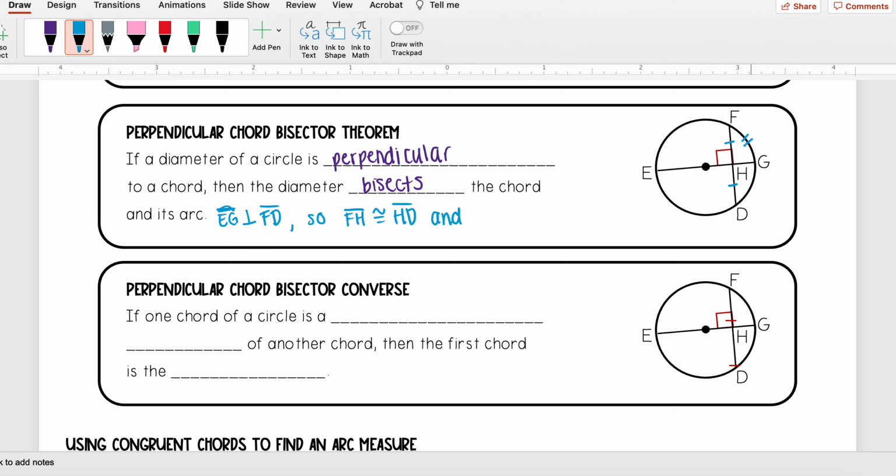So this arc FG is congruent to the arc GD. And that's because bisect means it's cutting it in half. So this diameter is cutting this chord FD in half, and it's cutting this arc FD in half.